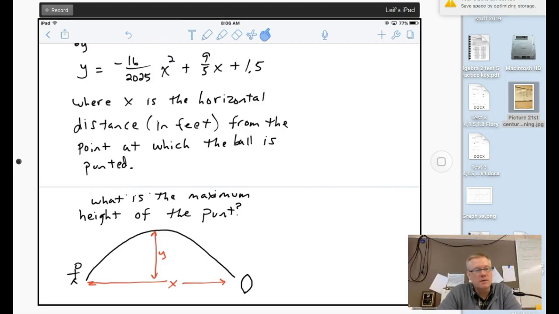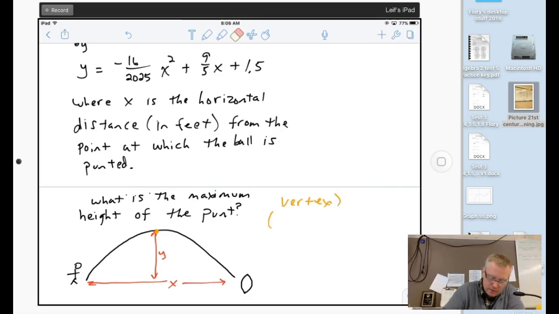There's a punter on the left side and the football on the right, and I need to know what the maximum height is, which has to do with the vertex of the parabola. Okay, so I need the y coordinate of the vertex to find my answer. So if I can find that, I'll be good to go.